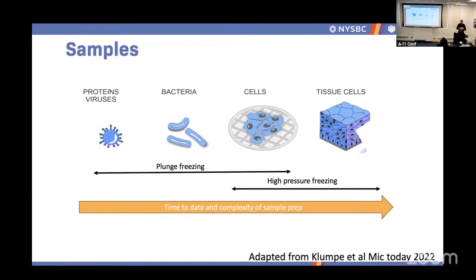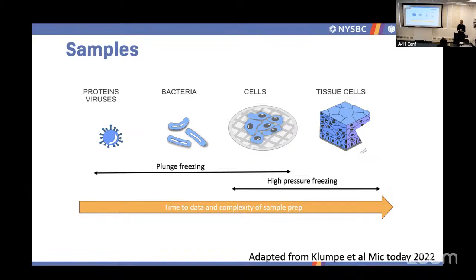Now, before I get into it again, when do we use FIBs? These are the samples that we are interested in biology, right? So viruses, we generally don't use FIBs for them because they're small, unless viruses are included in something bigger, like they're infecting bacteria, they're infecting cells or tissues.